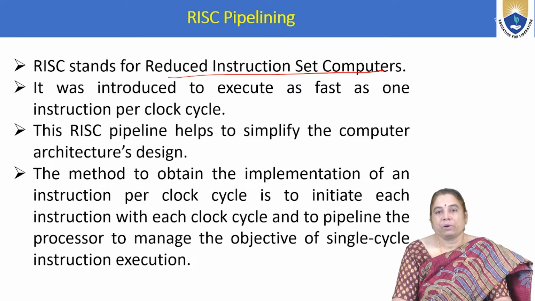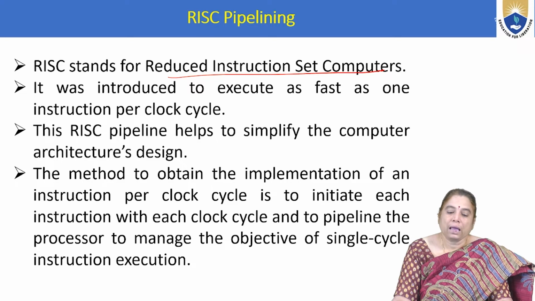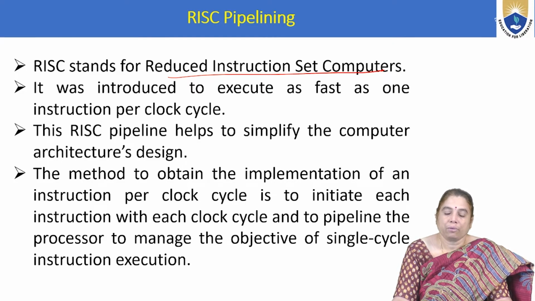But each processor has an instruction set architecture which can support a variety of instructions like data transfer instructions, data manipulation instructions, and program control instructions. So the number of instructions available in the instruction set architecture can be reduced to improve the performance with the help of RISC, reduced instruction set computer.